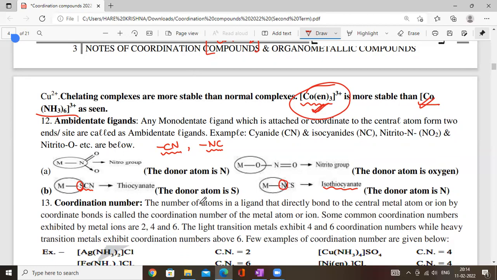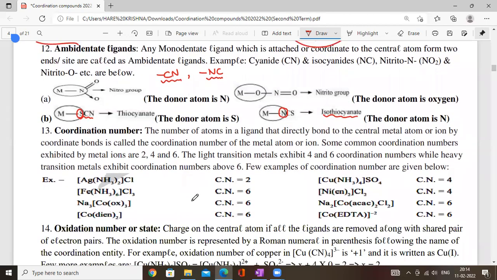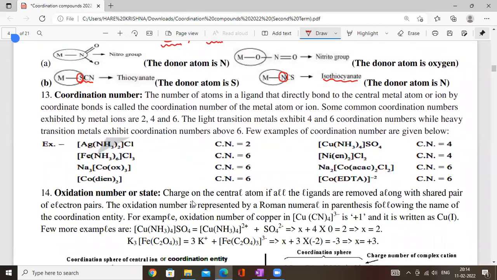The next term that we are going to take up is called coordination number. If I'm talking about coordination number, that means how many ligands are surrounding the central atom. For example, here the coordination number is 2. Here, the coordination number is 6. Now, in this case, the coordination number is 4.